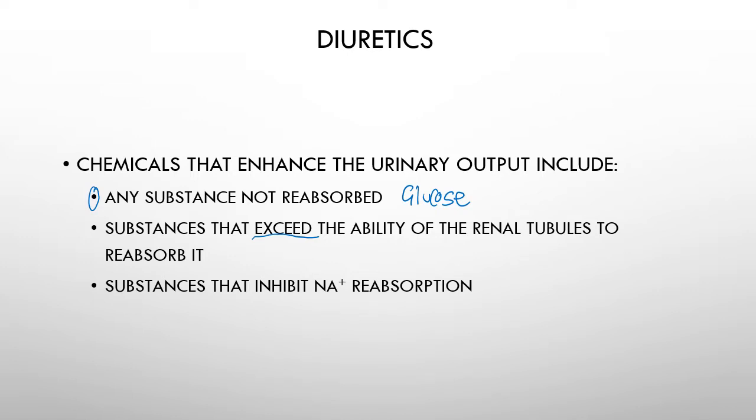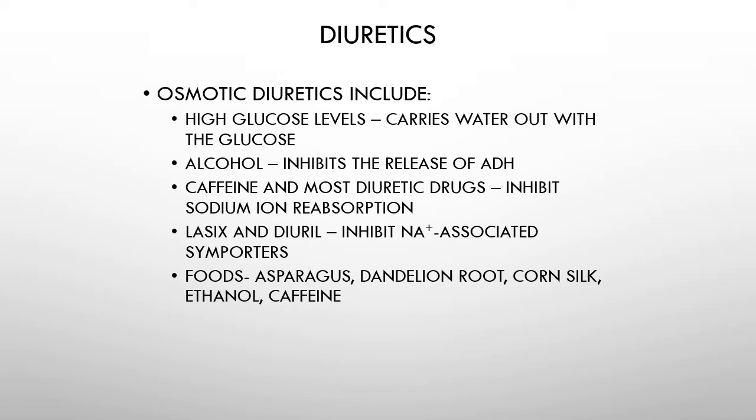And then anything that can inhibit sodium reabsorption, and this is where a lot of the medical or prescription types of diuretics come into play. Some of the earlier ones were based upon sodium reabsorption rather than anything else.